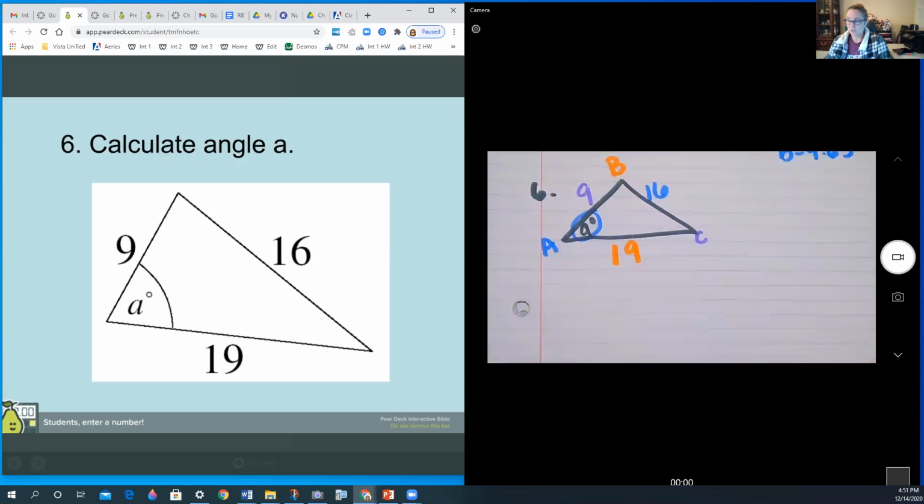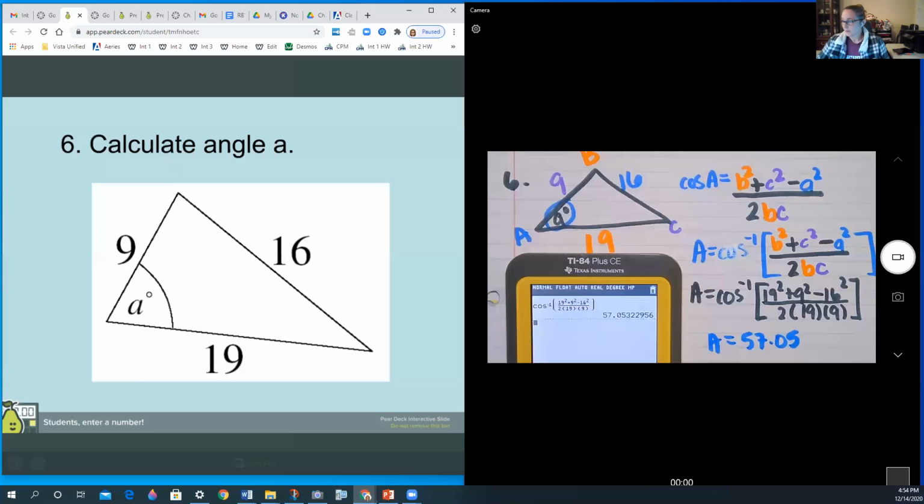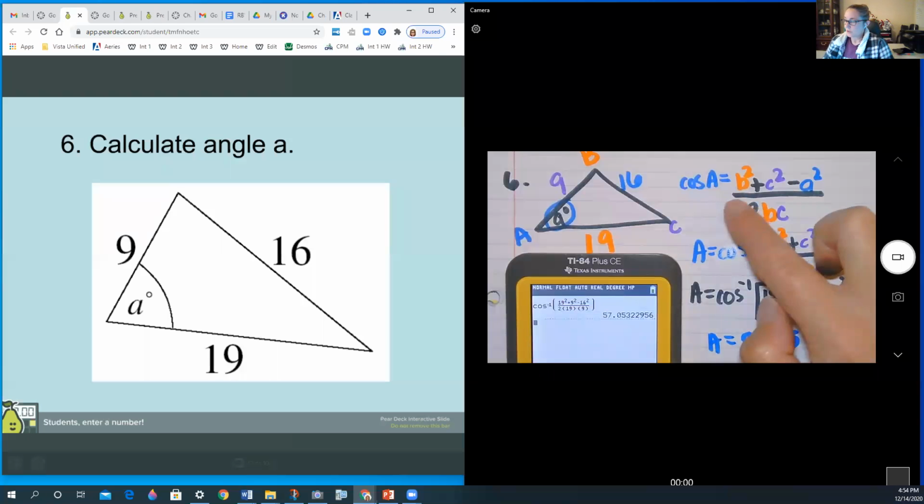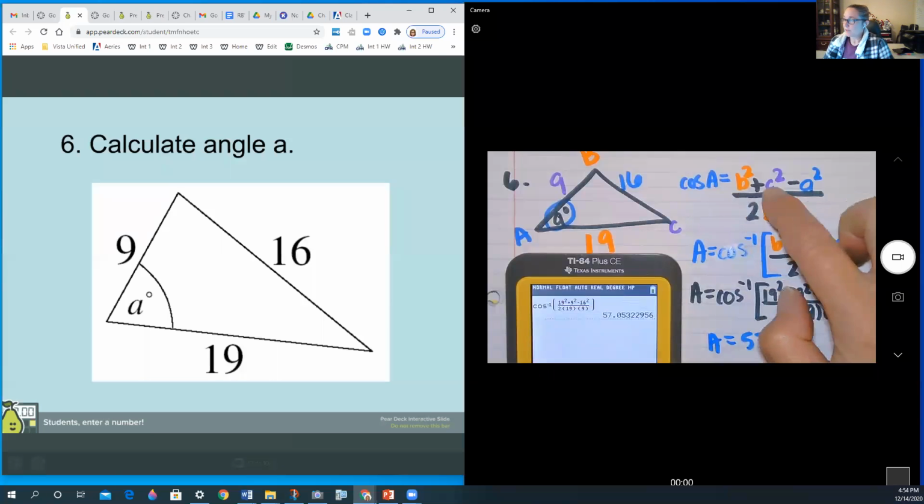So that means I'm not going to use law of sines. I'm going to use law of cosine. And for this problem, they want us to find angle A. So that means I'm going to use the cosine of angle A formula. So cosine A is equal to b squared plus c squared minus a squared over 2 times b times c.